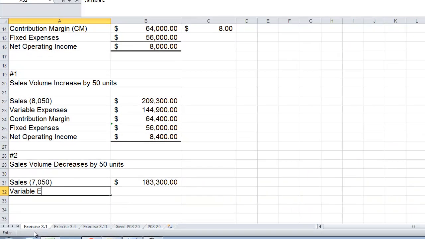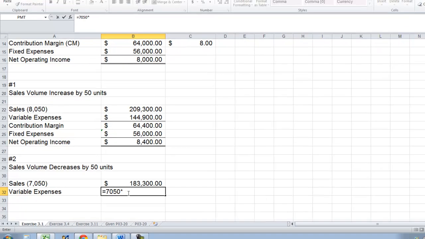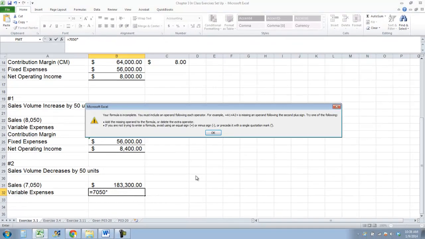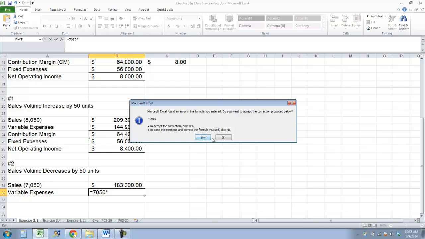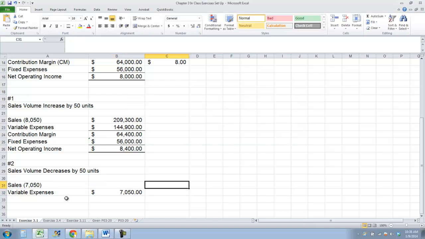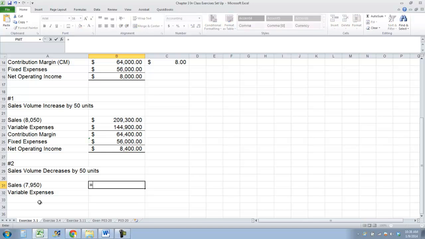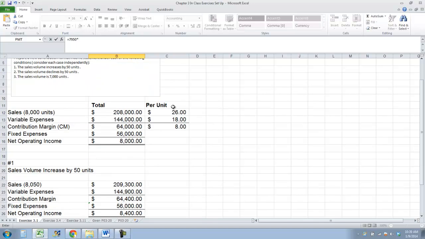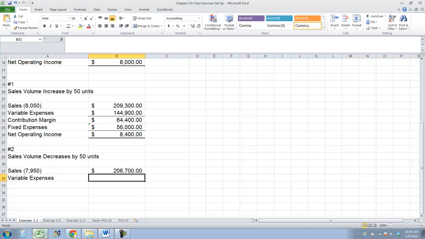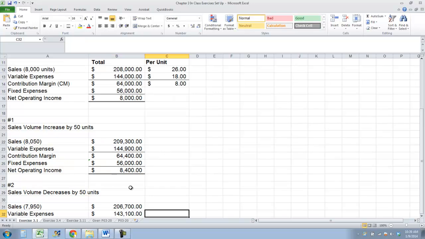Then we're going to have variable expenses, and that is 7,050 times... actually let me change this, because it's not going to be 7,050, it's going to be 7,950, quick mental math. Alright, equals 7,950 times our selling price of $26 per unit. Our variable expenses, 7,950 times $18 per unit.